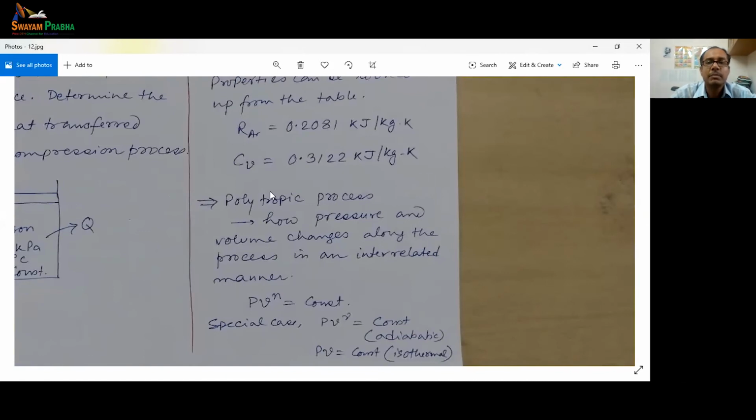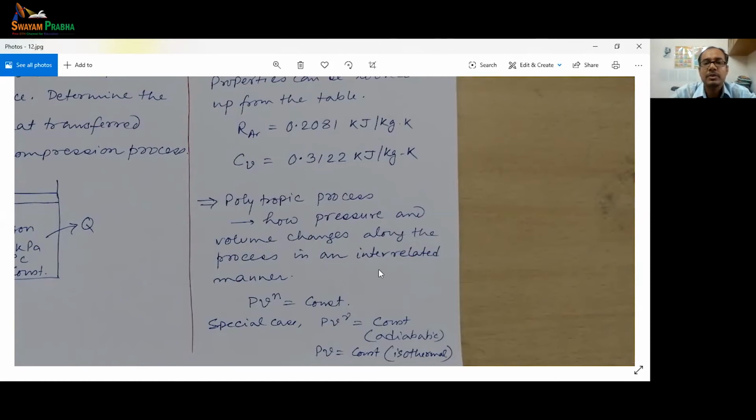Now what do we mean by a polytropic process? It tells us how the pressure and volume change along the process in an interrelated manner. Constant pressure is one kind of process; constant volume and constant temperature you have seen, and those are straightforward to handle.